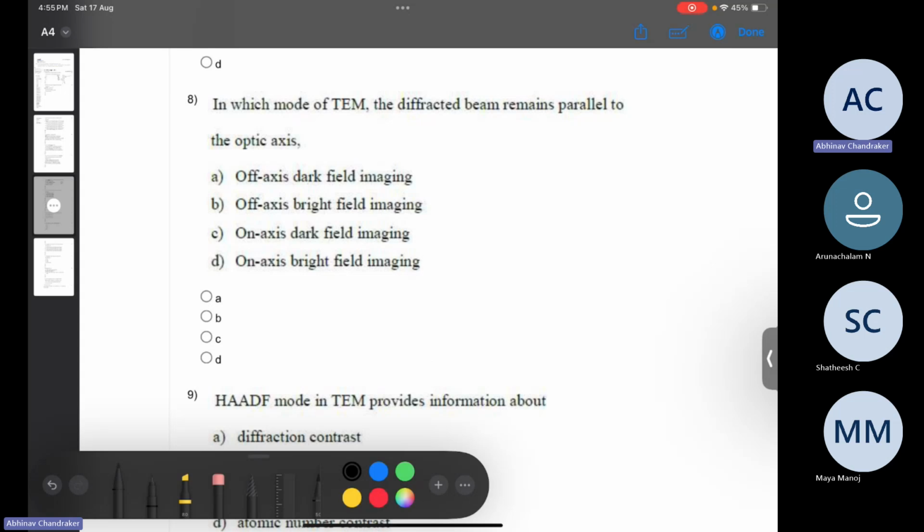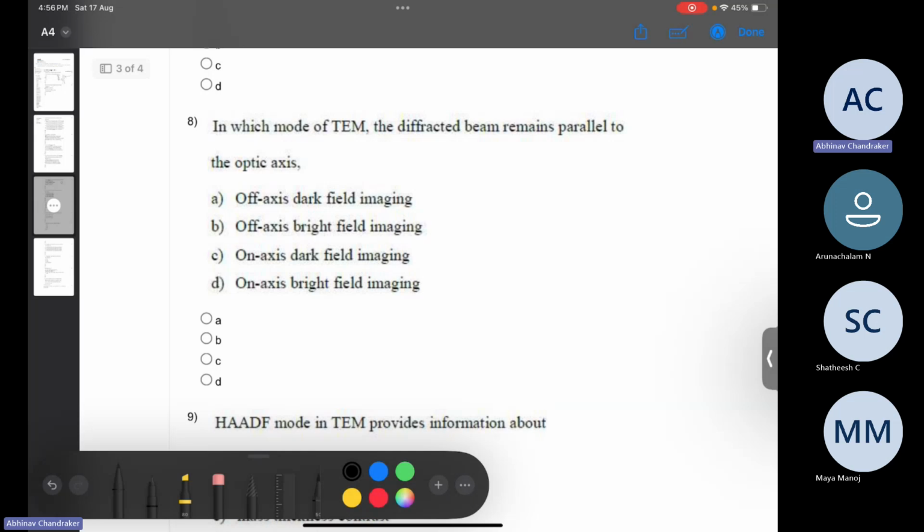Now let's go to eighth question about off axis and on axis imaging.